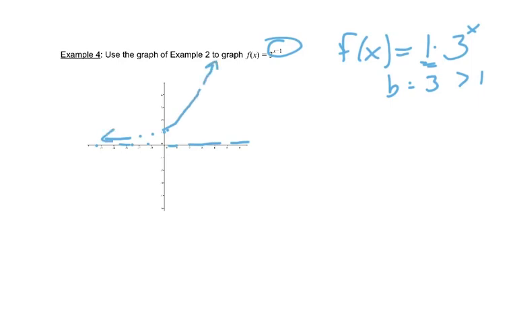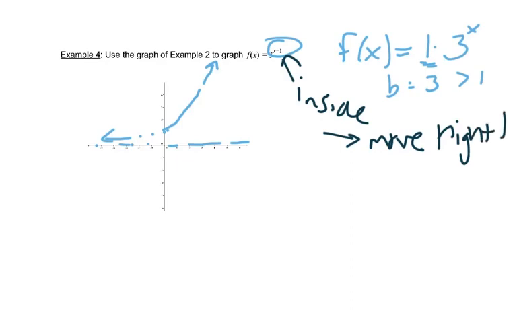But now that x minus 1 is inside. So that minus 1 tells us that we'll move it right 1. Inside is left and right, and it's backwards from what you feel like. So this spot that was right here is going to get moved to here.